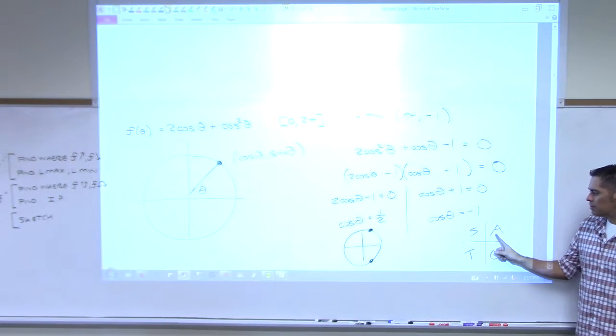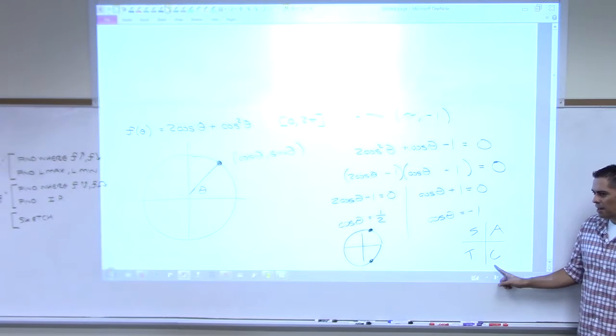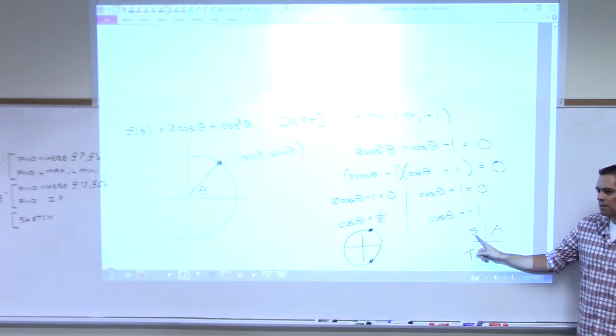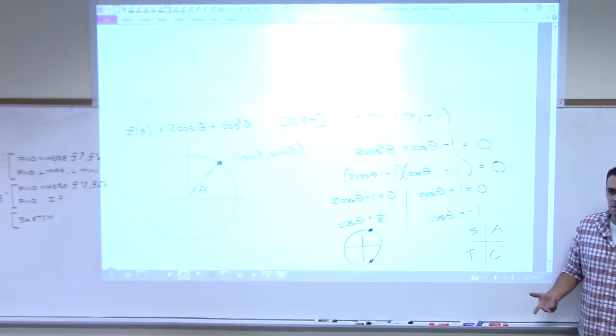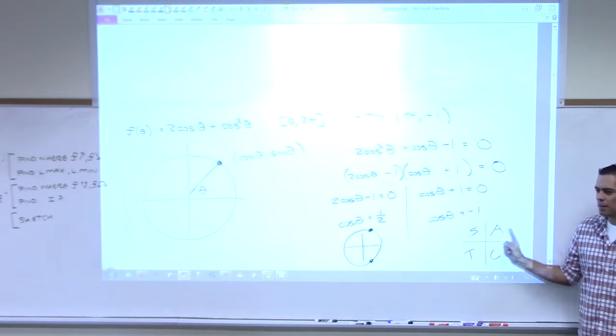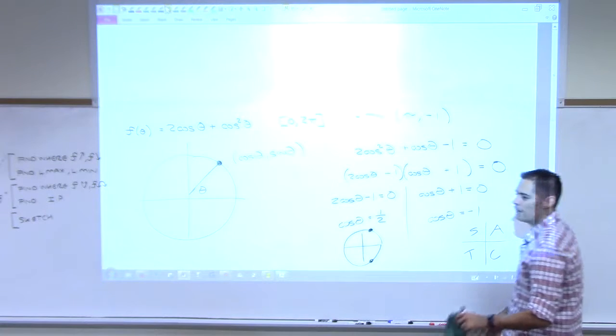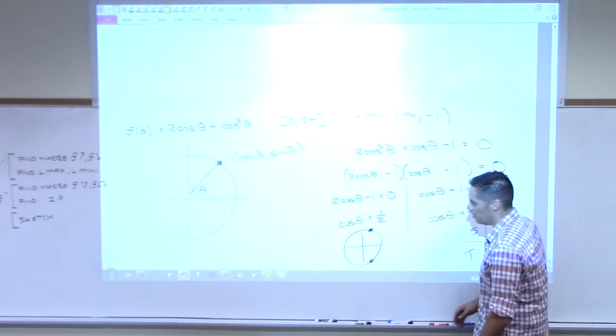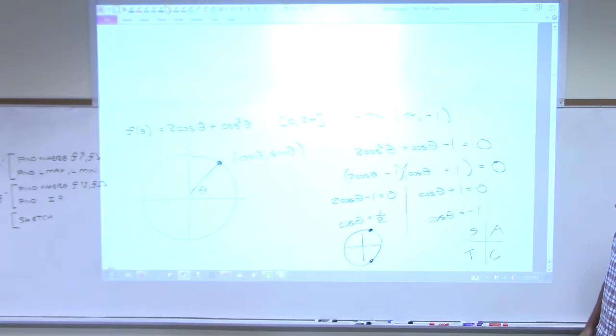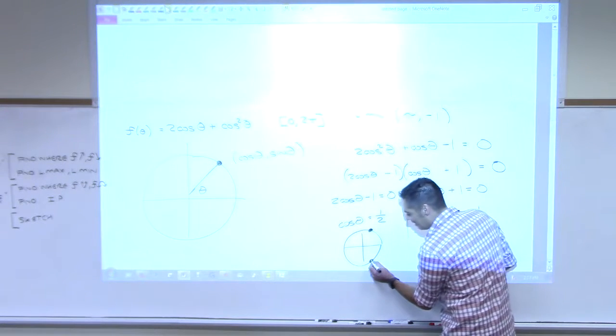All trig functions are positive here, cosine's positive here, sine's positive here, tangent's positive here. Is that what you were thinking? You were thinking tangent here and here. Okay, so you have to have an x and a y, and if negative, then it goes negative. That is correct. Okay, good. I thought the walls of my universe were about to collapse.